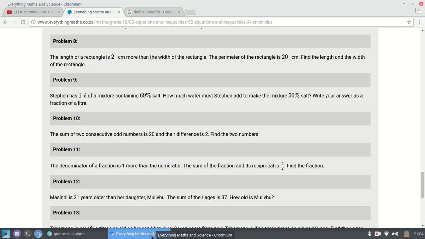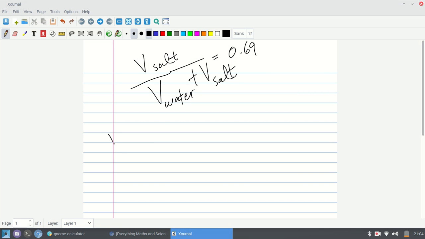Yes. So initially, V water plus V salt is equal to 1, right? Liters is a measure of volume. How much more water do you have to put in order to make this fraction 0.5?